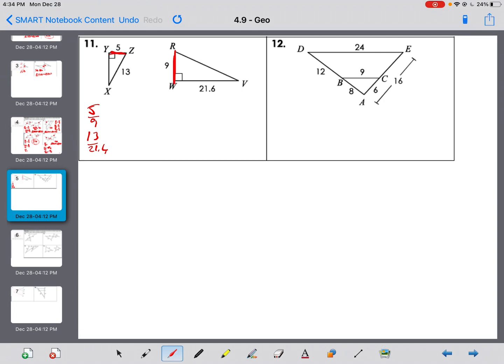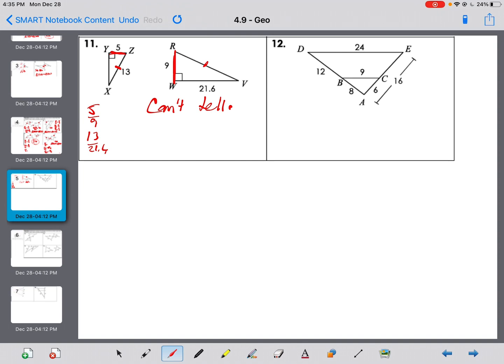The only pieces that we could match up are maybe this one and that one, short base and short base. Then you need to do this guy to that guy, but you don't know this guy. You don't know RB. We'd have to figure out what would make them similar. We could probably do that, but we can't tell that they're similar. So, I would put can't tell.